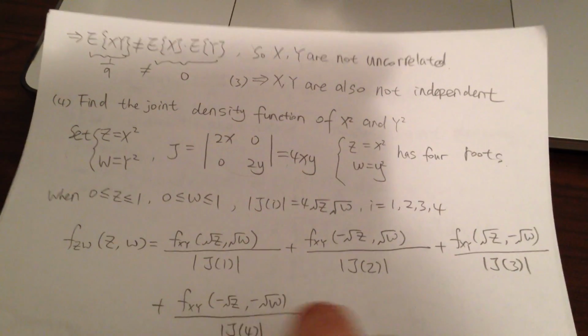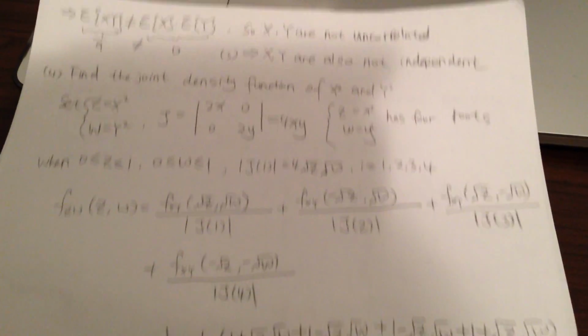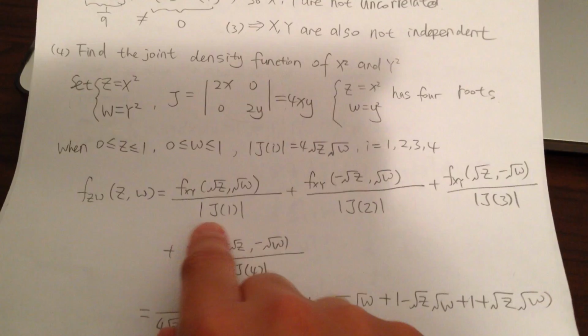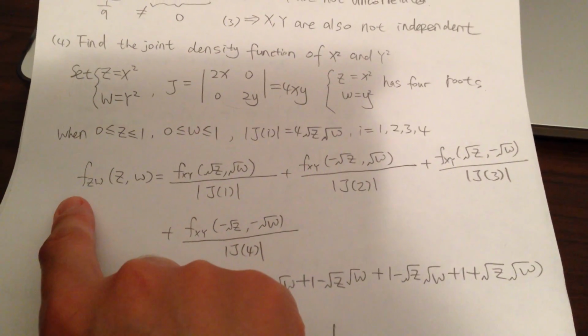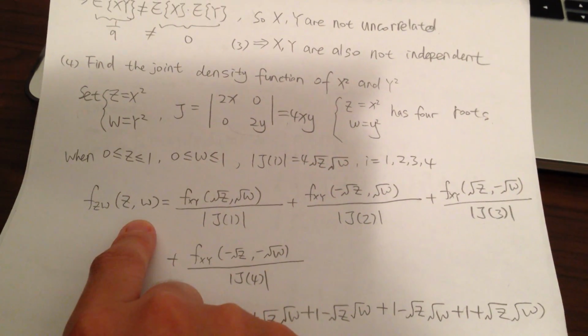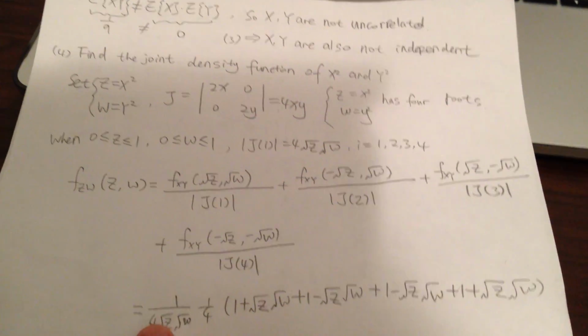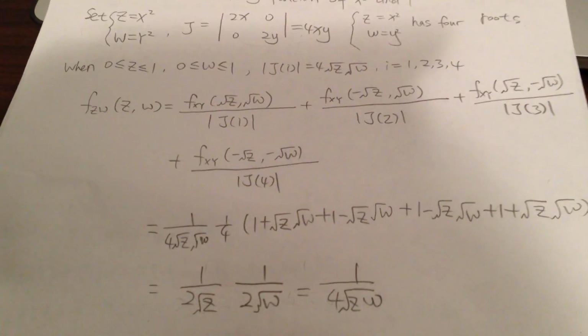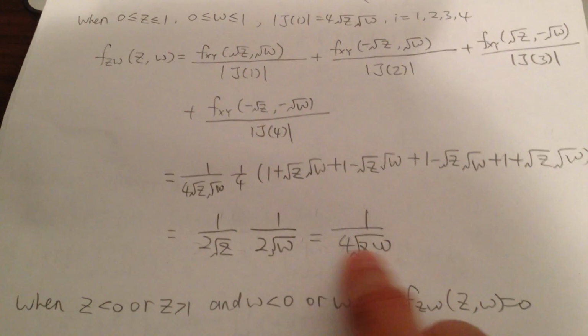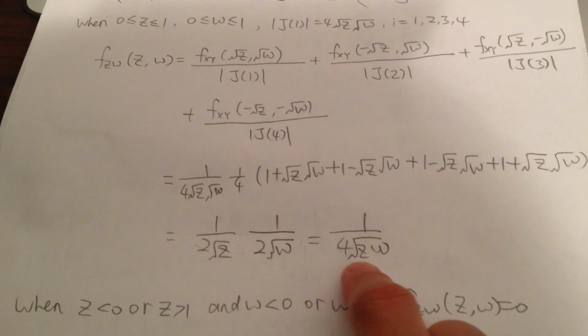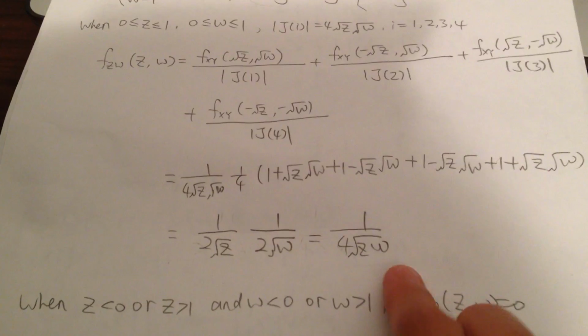So they are the 4 roots. According to the definition and the formula, we can calculate the joint density function of z and w. Finally we get the answer 1/4 times 1 over the square root of z times w.